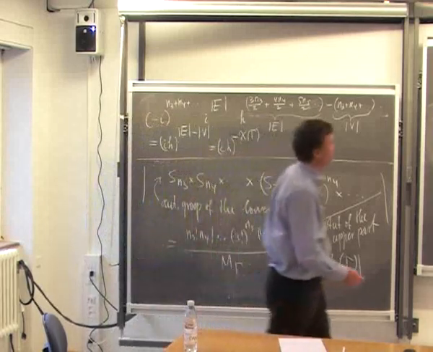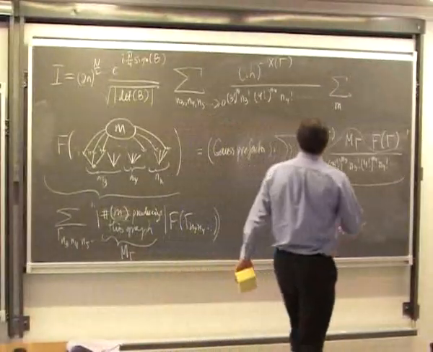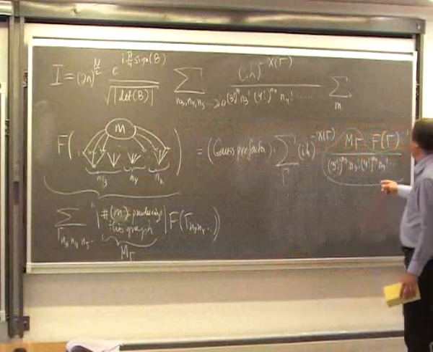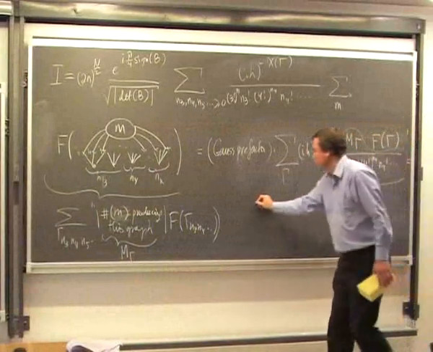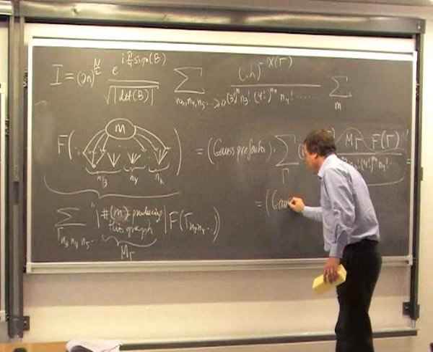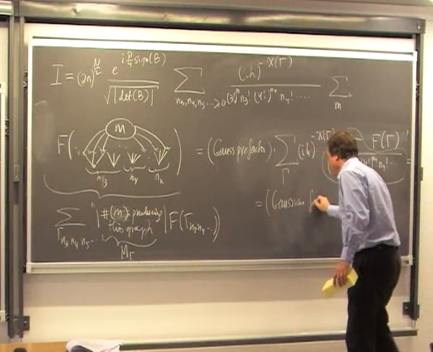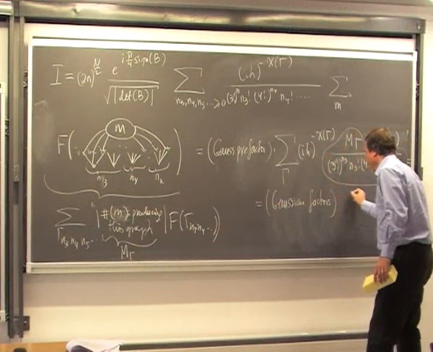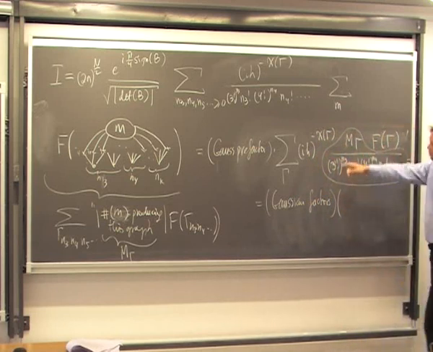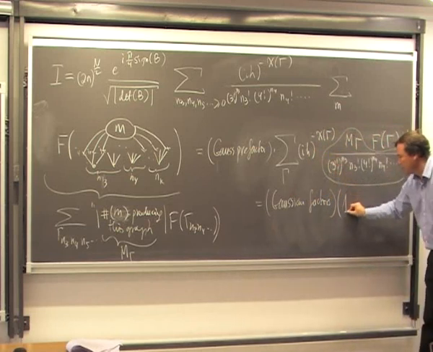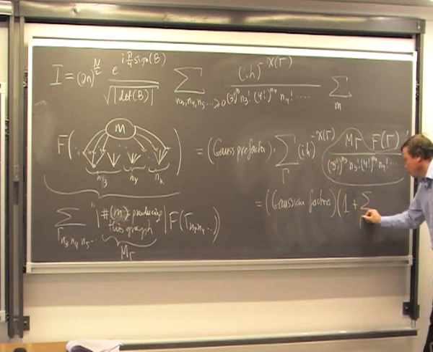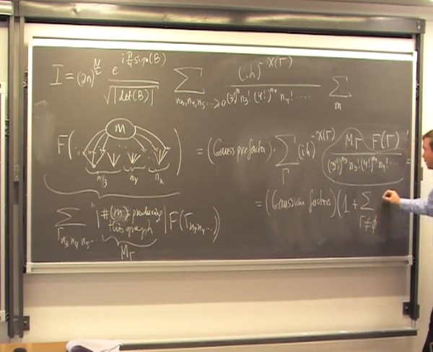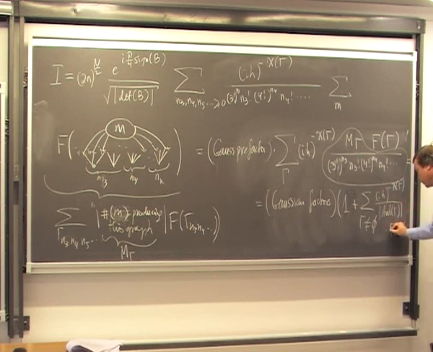And so now we can write that this is equal to Gaussian factors, and then, well, I want to separate one from the rest of it, so 1 plus sum over non-empty graphs IH to the minus the Euler characteristic of gamma divided by the number of automorphisms of gamma, and then the weight of gamma.